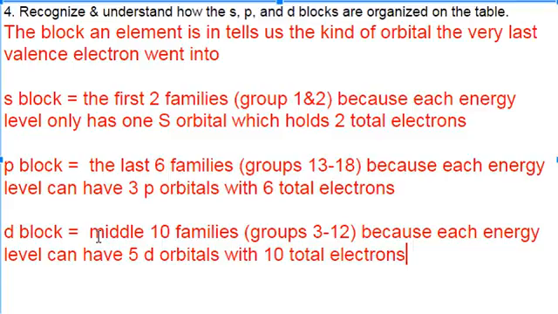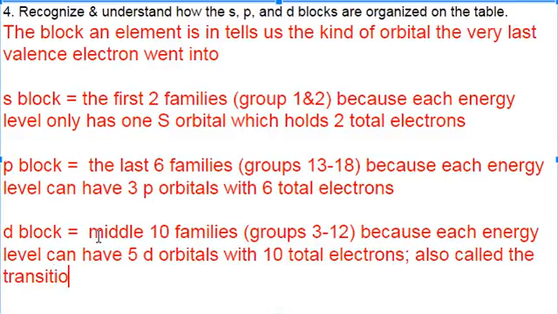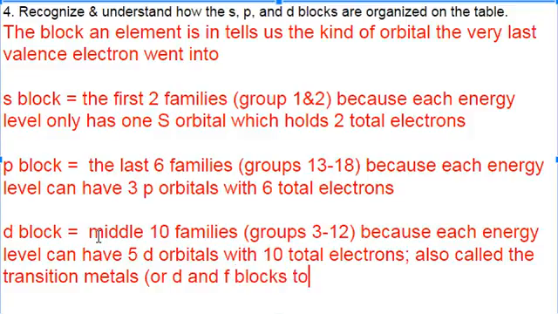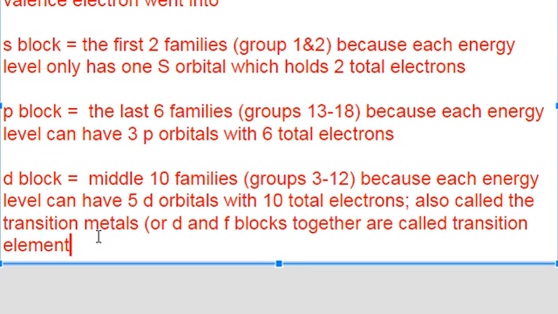So the D block is also known as the transition metals. Or the D and F blocks together are called transition elements. When you hear about representative elements, that's the S and P families, which I think is the next one of the objectives on here. Bless you.